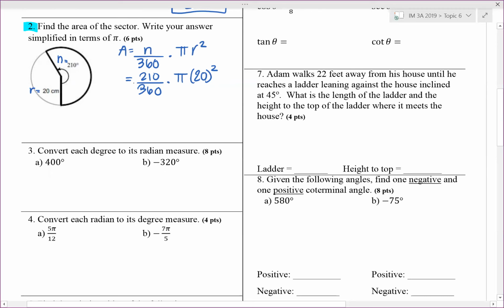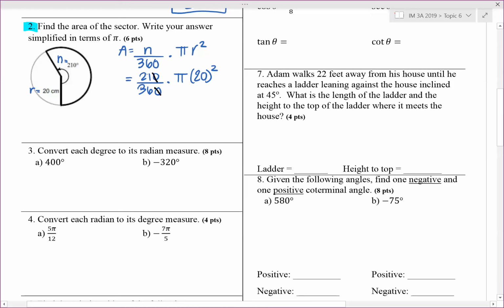So when I have a fraction and I'm reducing and they both end in zeros or multiple zeros, the same number of zeros, remember that dividing by 10 allows us to reduce by those zeros. So 210 divided by 10 is 21, and 360 divided by 10 is 36. I can also divide 21 and 36 by 3.